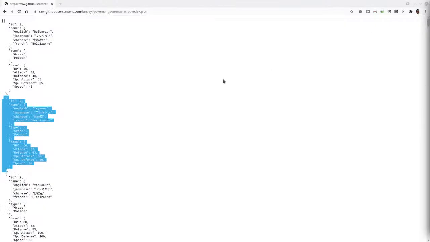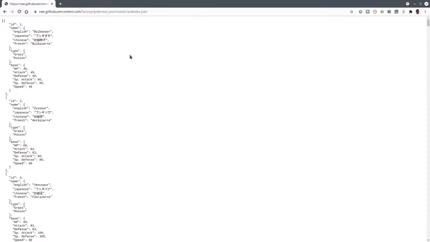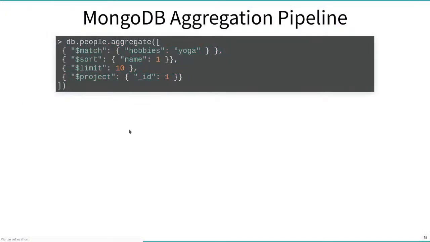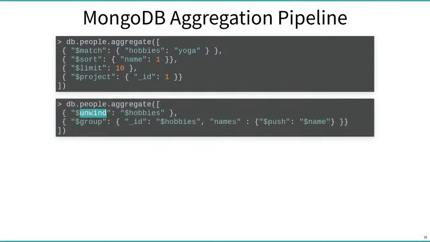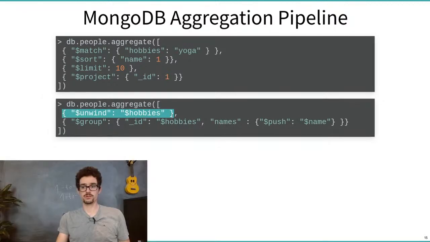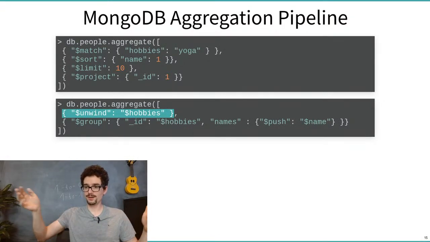And the aggregation pipeline allows further steps like unwinding an array. So we have this hobbies array, and unwind means if a person has 5 hobbies in that hobbies array, it appears now 5 times.